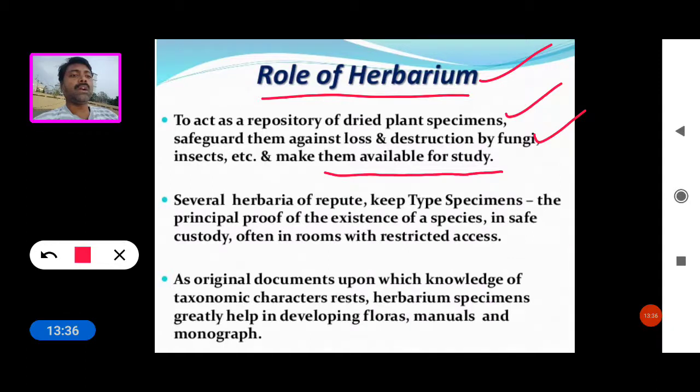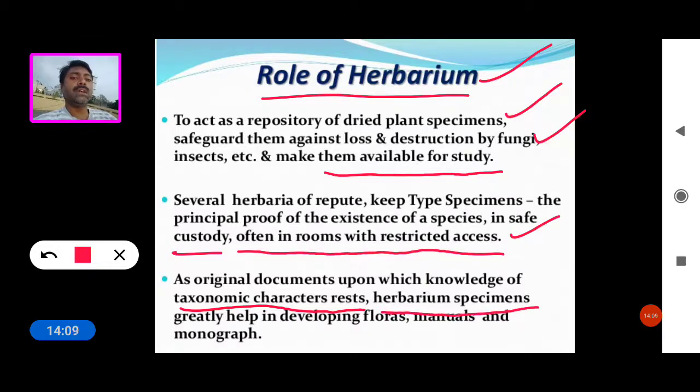Several herbaria of repute keep type specimens, the principal proof of the existence of a species, in safe custody, often in rooms with restricted access, as original documents upon which knowledge of taxonomic characters rests. And herbarium specimens greatly help in developing floras, manuals and monographs.